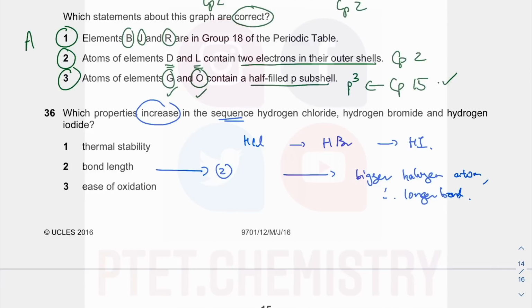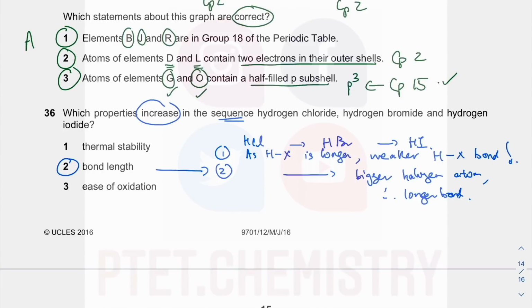So in fact, as the halogen gets bigger, your covalent bond gets longer. So that's correct. And then number 1, as your covalent bond gets longer, as HX is longer, we have weaker HX bond.